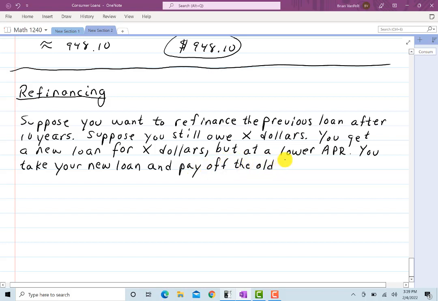Additionally, you do not want to increase the number of payments that you make. Let me say it this way: you don't want to extend the length of the original loan.